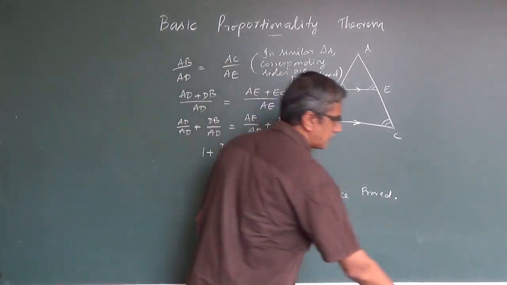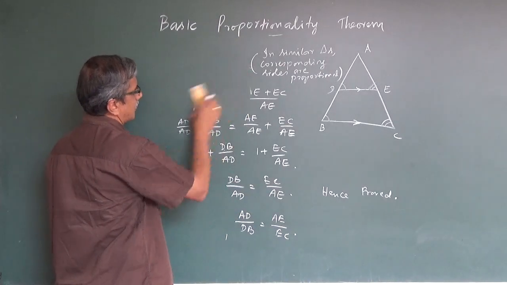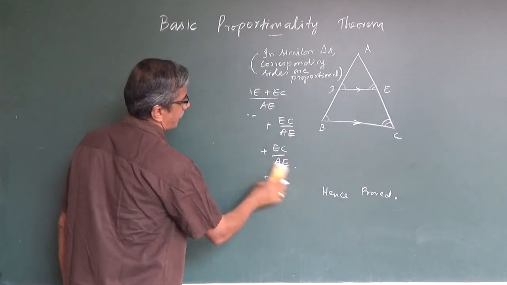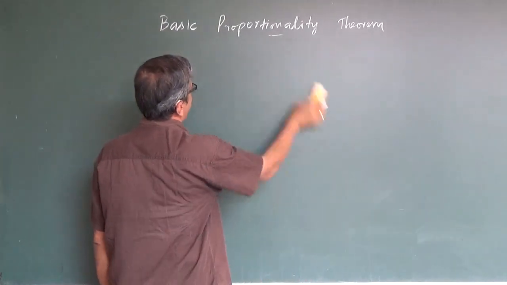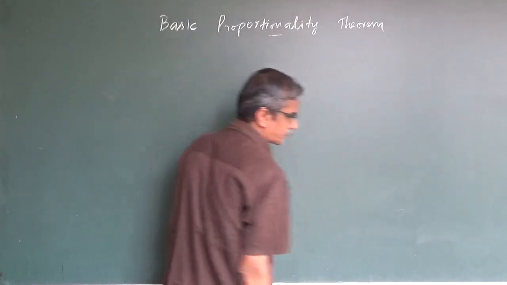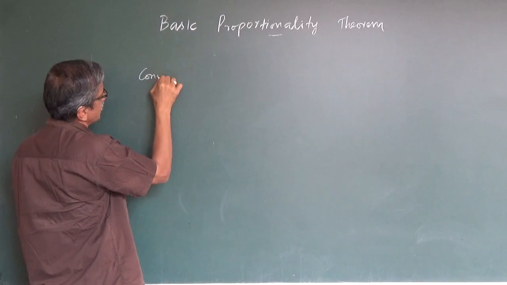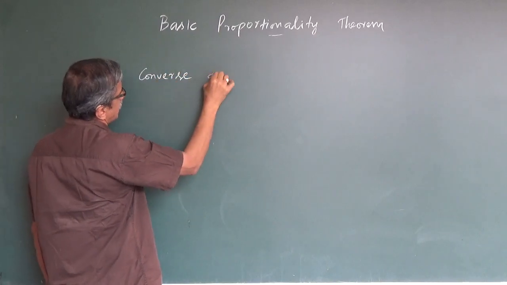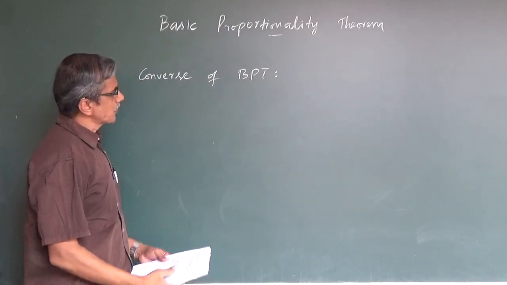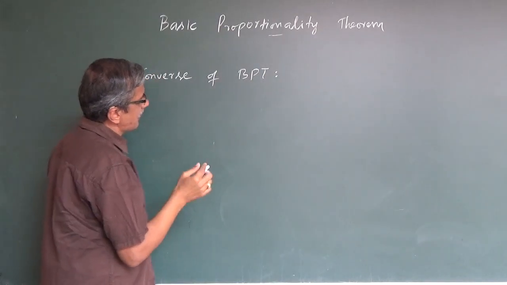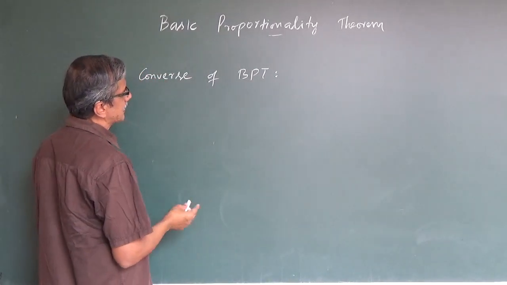So now next is the converse of this theorem, the converse of the basic proportionality theorem. That is, if a line divides two sides proportionally, then it will be parallel to the third side.